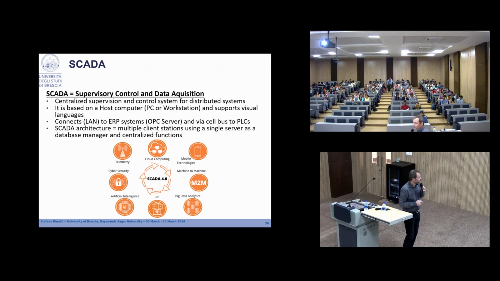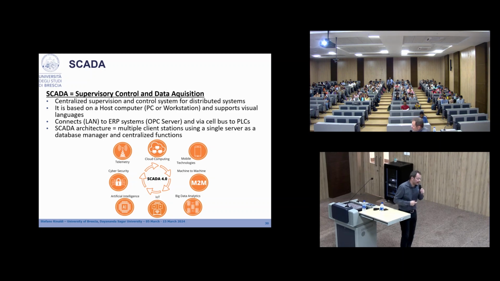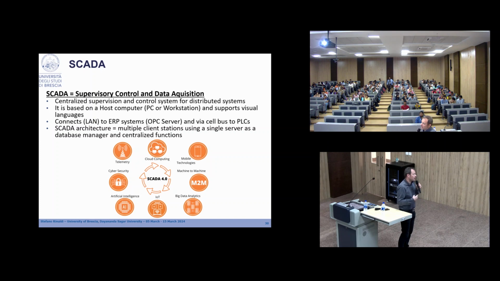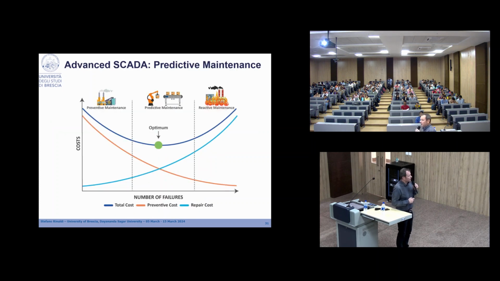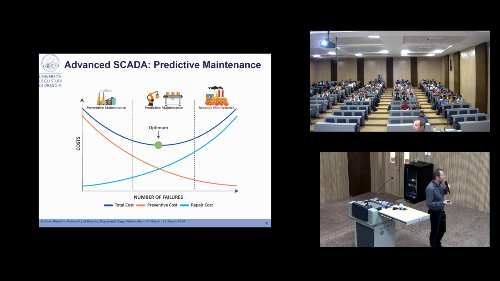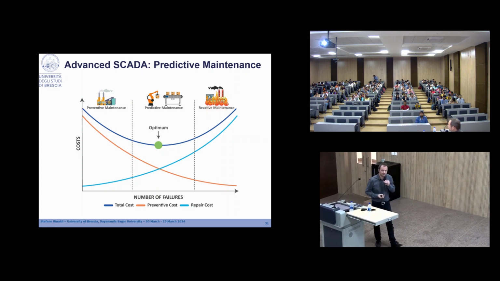Okay, so one of the current trends in SCADA systems in Industry 4.0 is the usage of cloud computing for remote transfer of this data. And one of the classical functionalities of advanced SCADA systems nowadays is predictive maintenance.